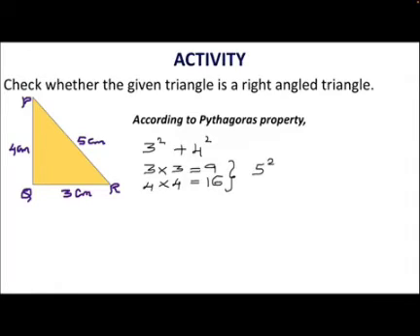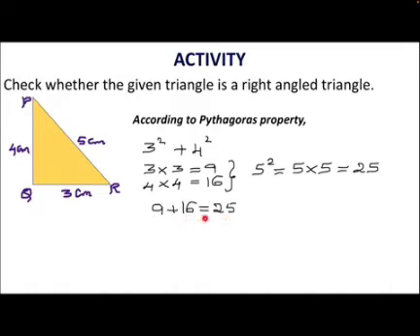Now, what do we do? Let us see what 5 squared is. 5 squared is 5 into 5, that is 25. Now, according to Pythagoras property, 25 should be equal to 16 plus 9. Is it equal, children?